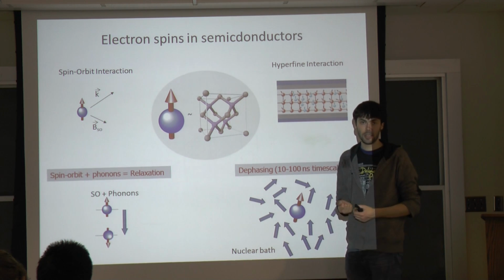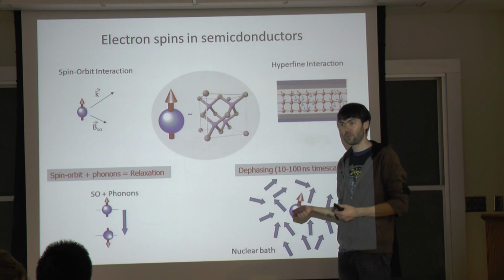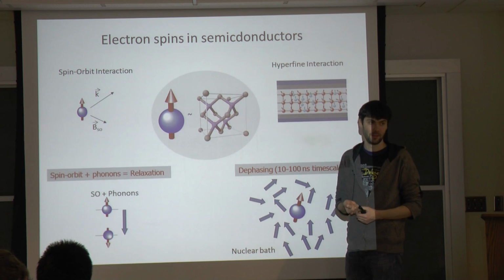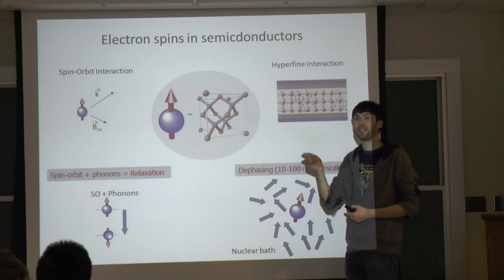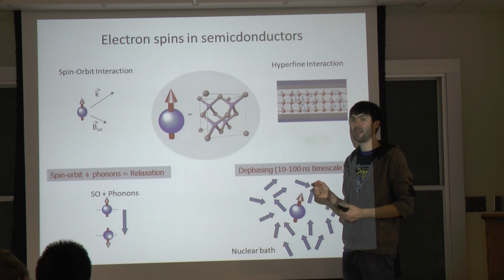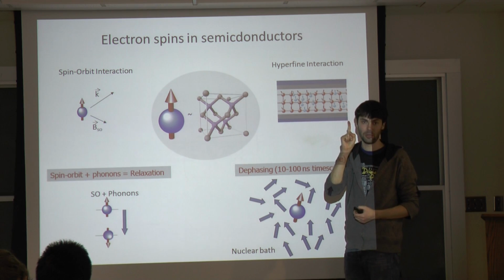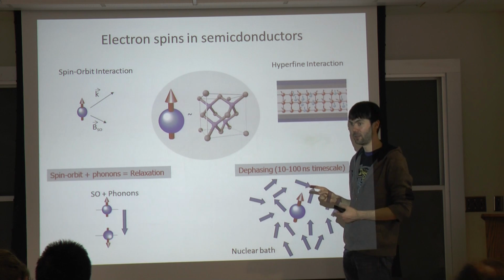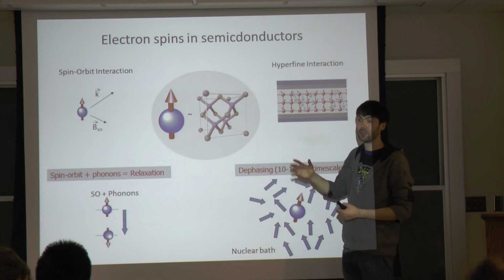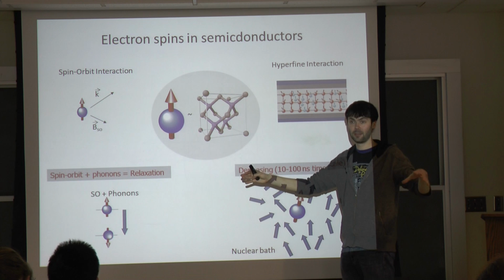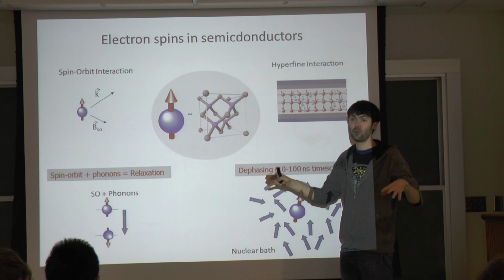Hyperfine interaction is an interaction between electron spin and nuclear spins. So in an atom, electron would interact with the nuclear spin of its nucleus. But in a crystal, electron is a wave packet that spans many, many nuclei.